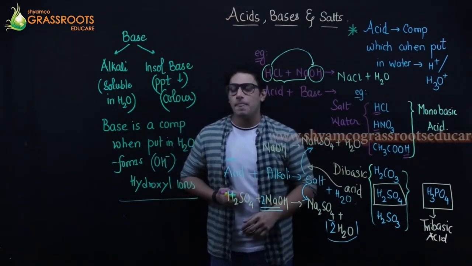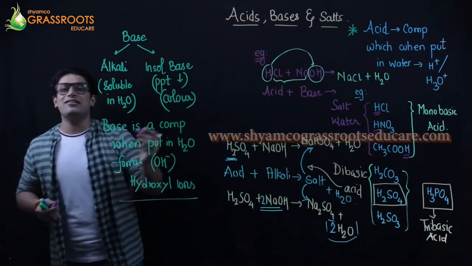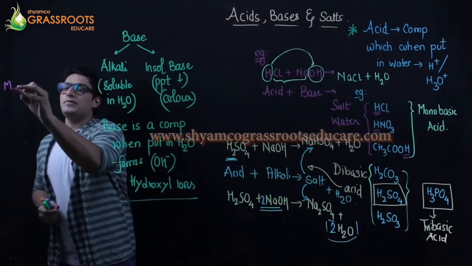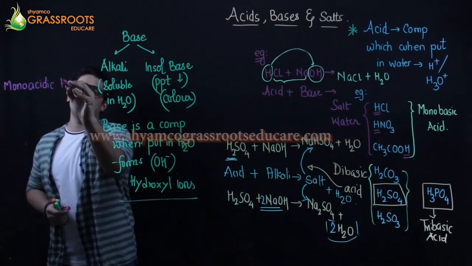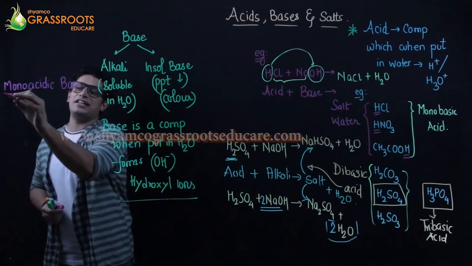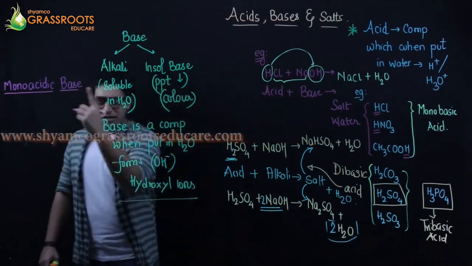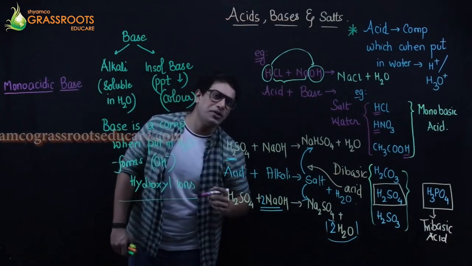Like acids, we have a set of bases also. Just like a monobasic acid, there is the opposite name: monoacidic base. Monoacidic means it reacts with only one acid to form one water. It reacts with one molecule of acid to form one molecule of water.